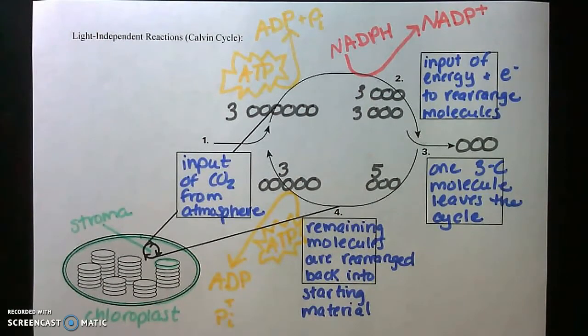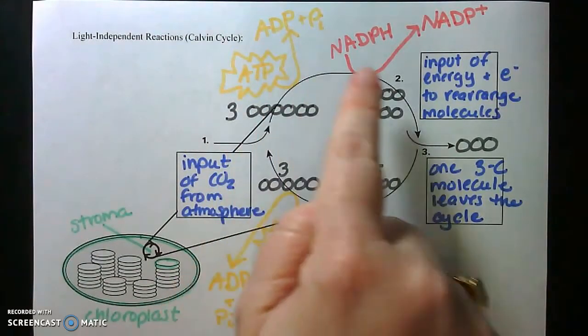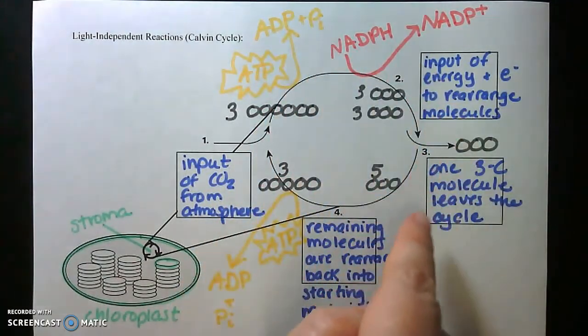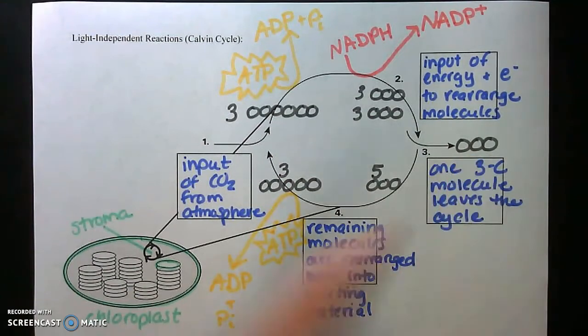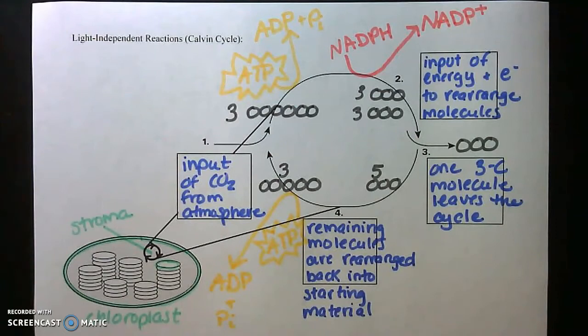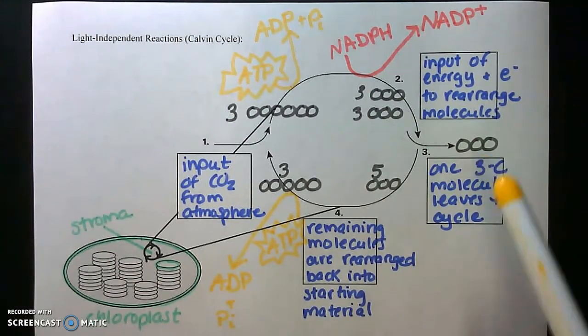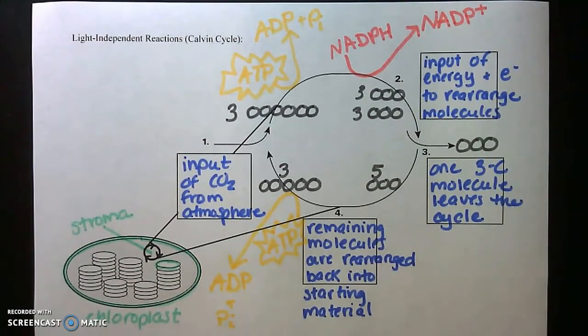So now what we are left with is a description of what has happened with one cycle. This cycle has happened once. We've had the production of 1 3-carbon molecule. If you remember the formula for glucose, it has 6 carbons. So we need this cycle to happen a second time. That way we will get a second 3-carbon molecule, and those 2 3-carbon molecules will combine to make glucose.